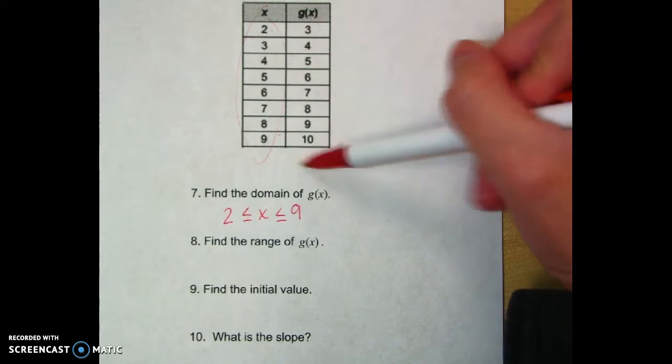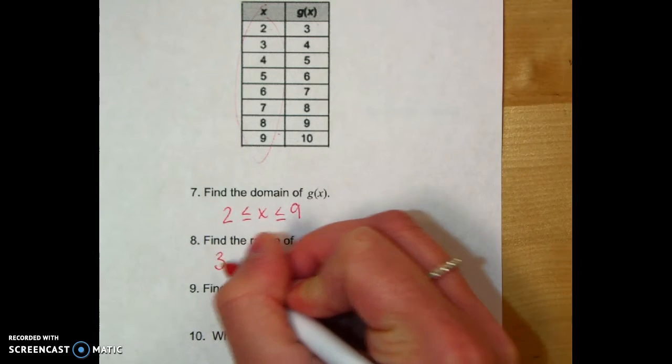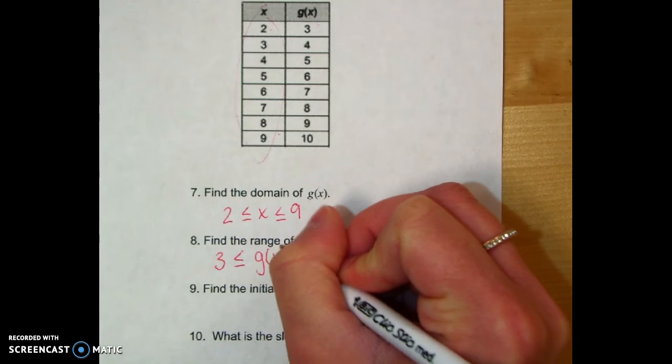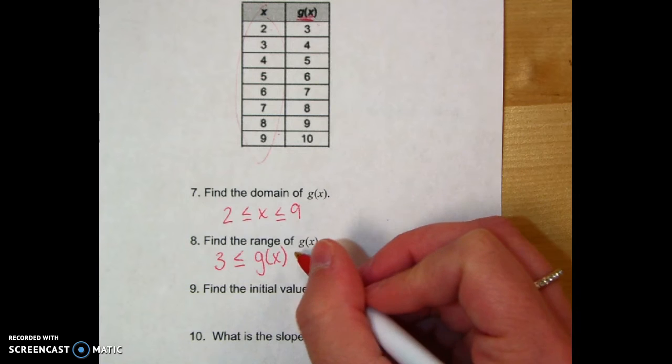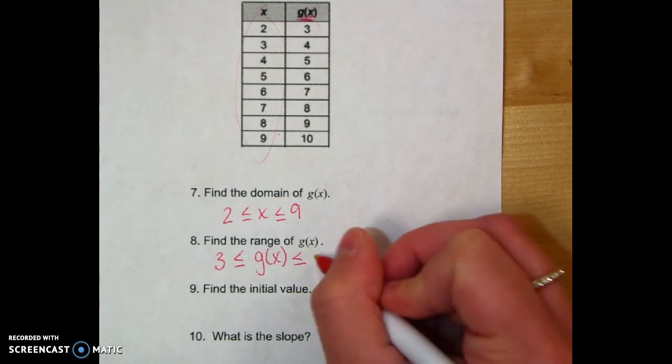And the range goes from 3 to 10. So 3 is less than or equal to, I'm going to put g of x in the middle, and I only did that because it's right there. You could also put y, it doesn't matter. Less than or equal to 10.